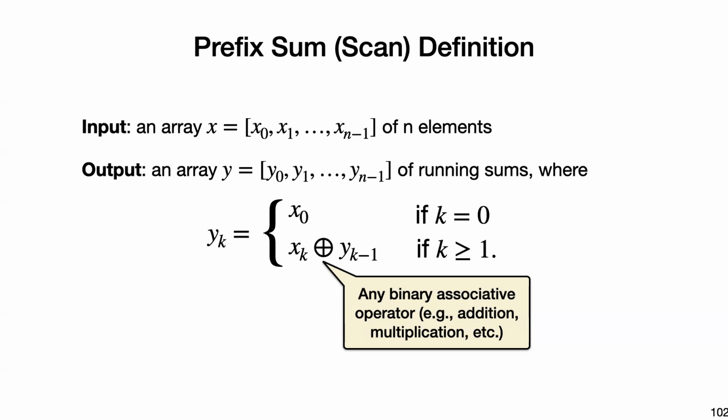Otherwise, y sub k is equal to x sub k with some operator, y sub k minus 1. So you can think of it as computing: the first one is just the first element from x, the second one is the sum of the first two, the third one is the sum of the first three, and so on, up until the end. This is an arbitrary operator, often sum, but it can be multiply, max, min. It just needs to be binary and associative.